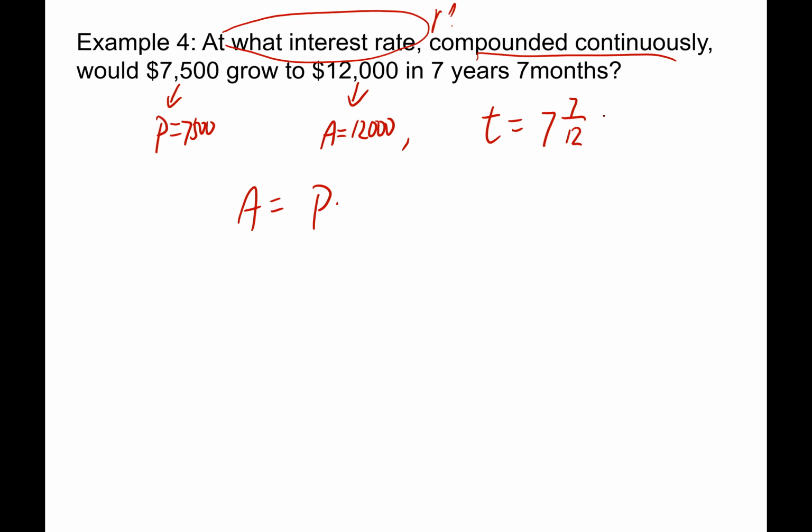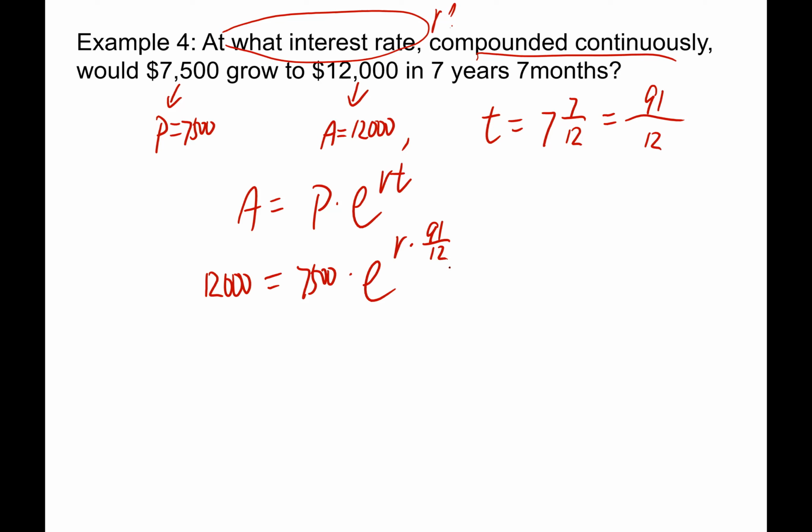Before that, right, we can turn this into an improper fraction. 7 times 12 is 84. Adding 7 is 91/12. Now make it slightly easier when we move forward into the rt. And one more time, three numbers: 12,000 equals 7,500 times e to the r, which is what we're looking for, times 91/12.